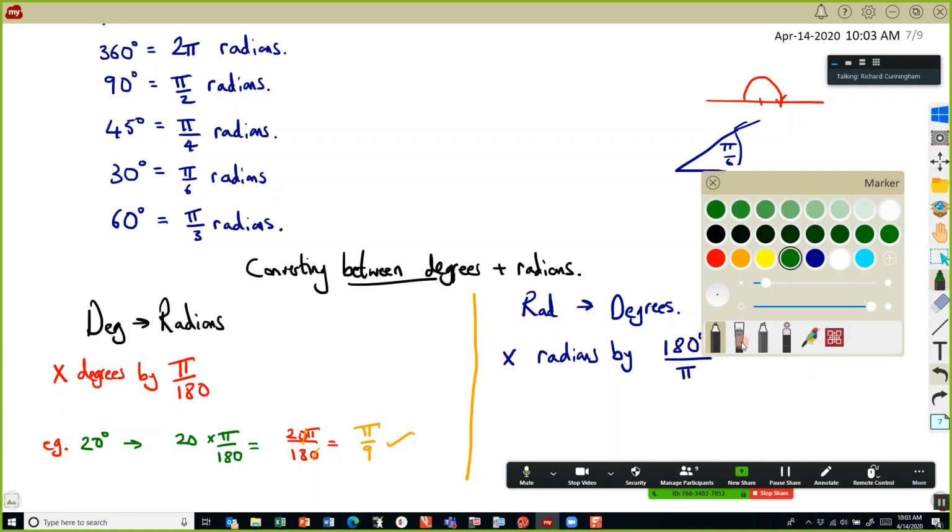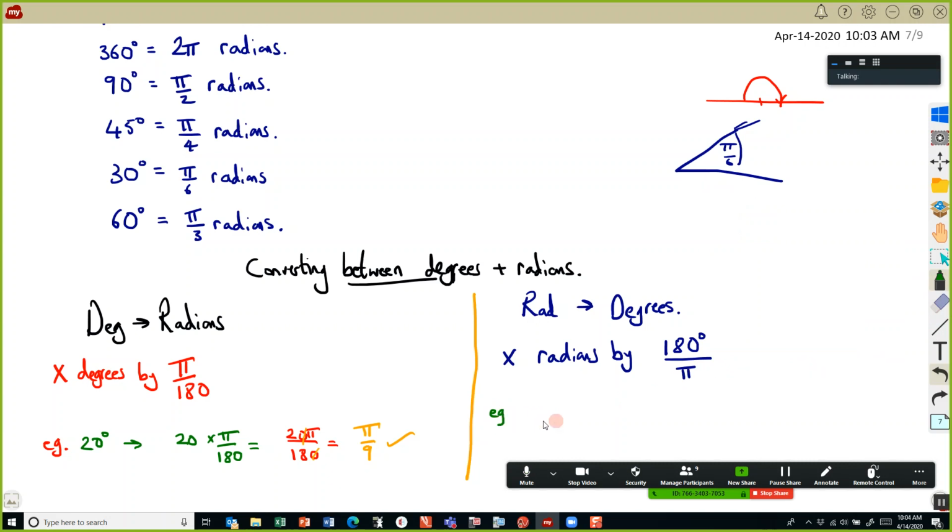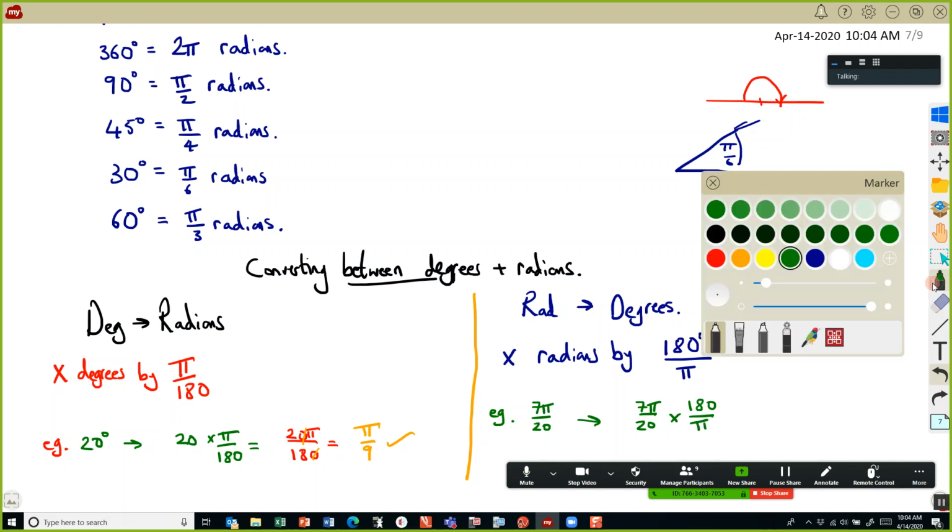So for example, if I have, let's say, I don't know, 7 pi over 20. So 7 pi over 20 radians. If I want to change that into degrees, I multiply by 180 over pi. So 7 pi over 20 multiplied by 180 over pi. What happens to pi's? Got pi on the top, pi on the bottom.